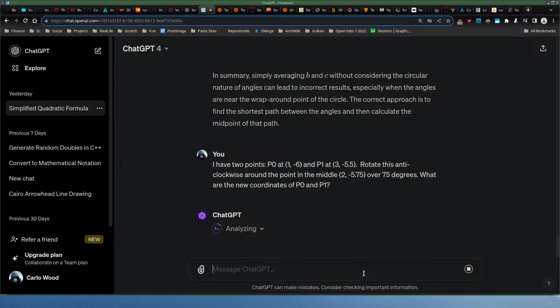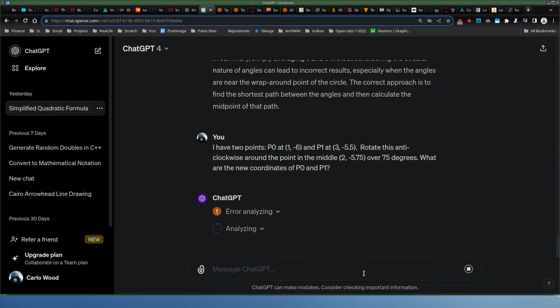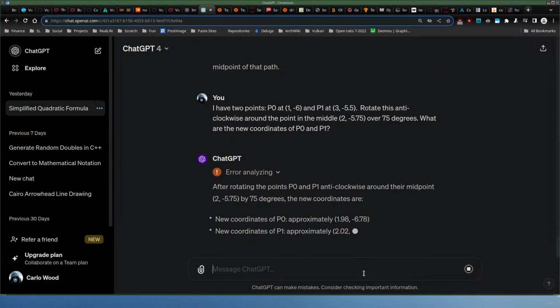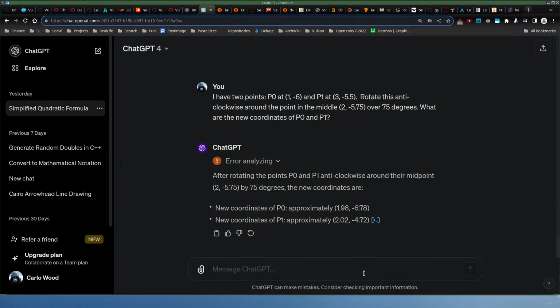This analyzing feature is pretty good. Before it was just babbling, but now when you ask something mathematical or something with numbers, it first errors, and then does it again, and then successfully gets it using a Python program. So it's not going to guess the next word, but it's going to write a Python program that calculates it, which is working.